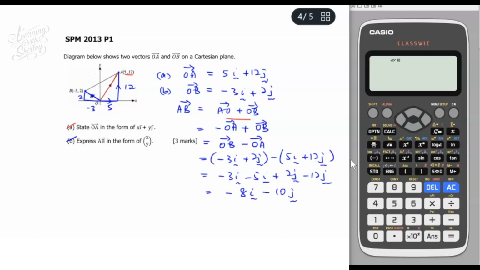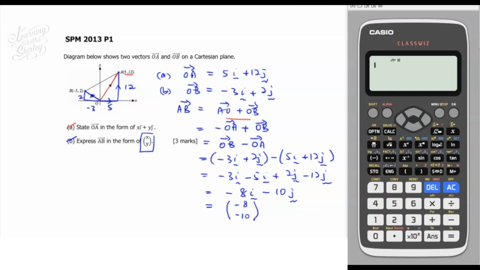But they want your answer in bracket form, like a matrix form. So the answer is negative 8 on top and negative 10 at the bottom. This is the answer.